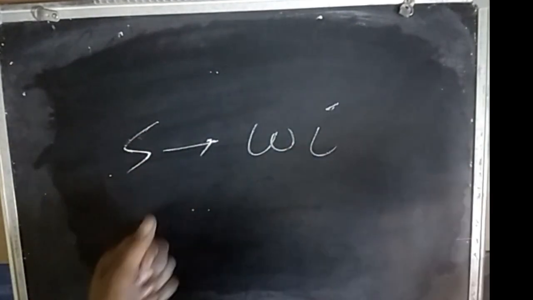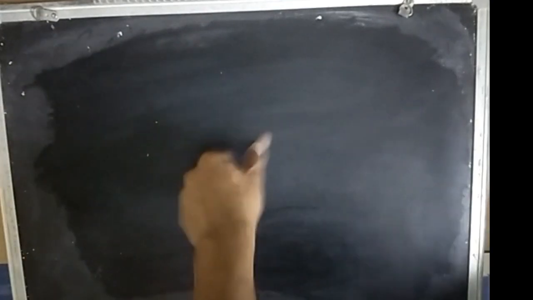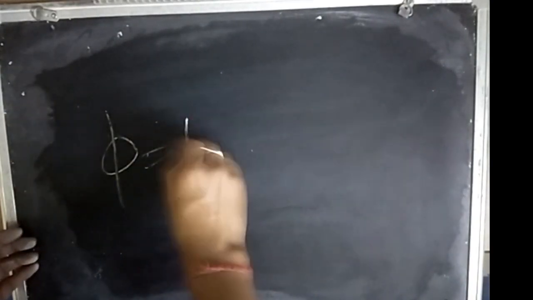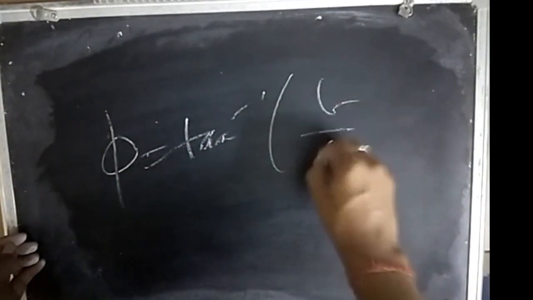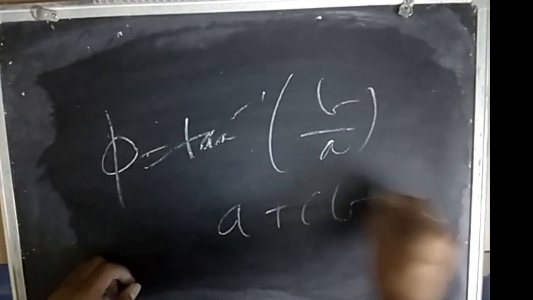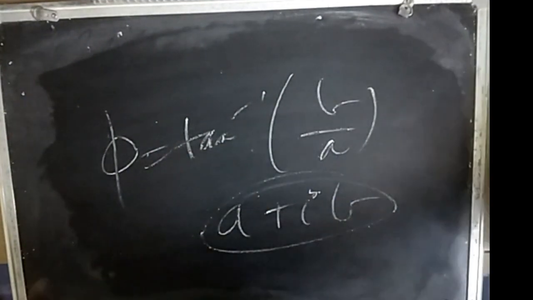All of this you can remember as two simple things. First, put S equal to iota into omega. Second, phi is tan inverse of B by A, where A plus iota B is what we finally obtain.